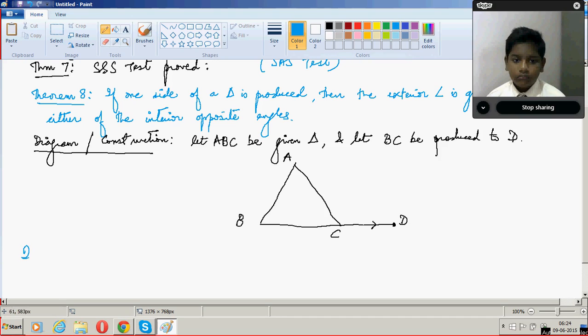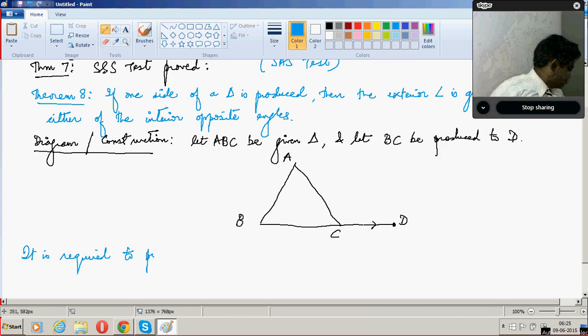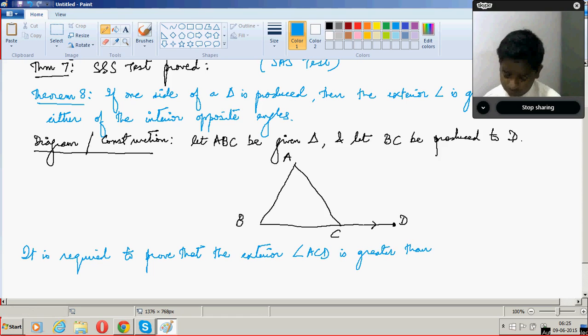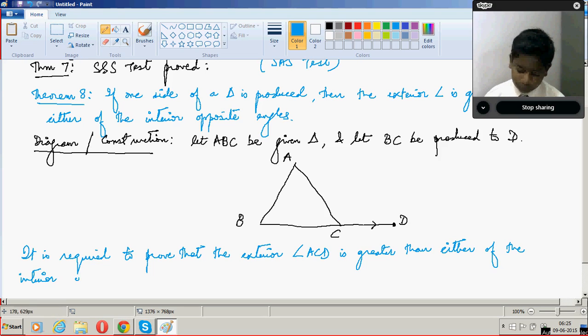So it is required to prove that the exterior angle ACD is greater than either of the interior opposite angles ABC, BAC.